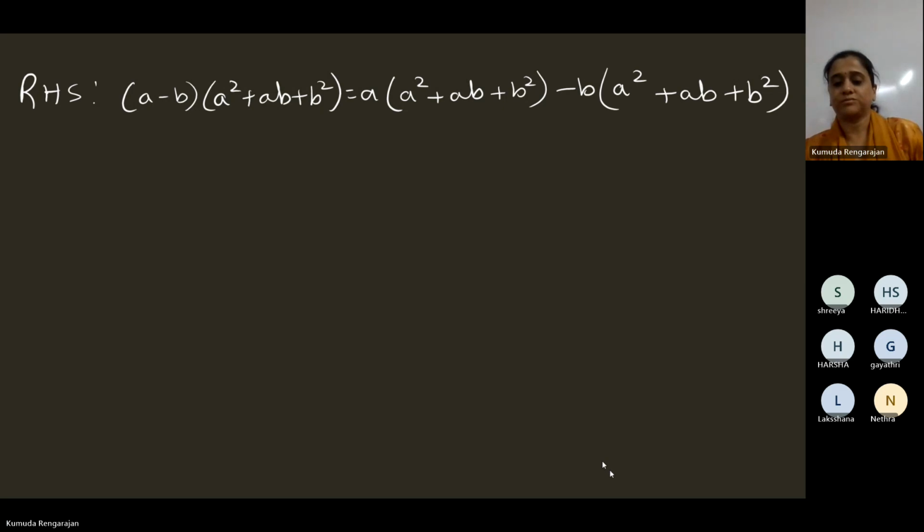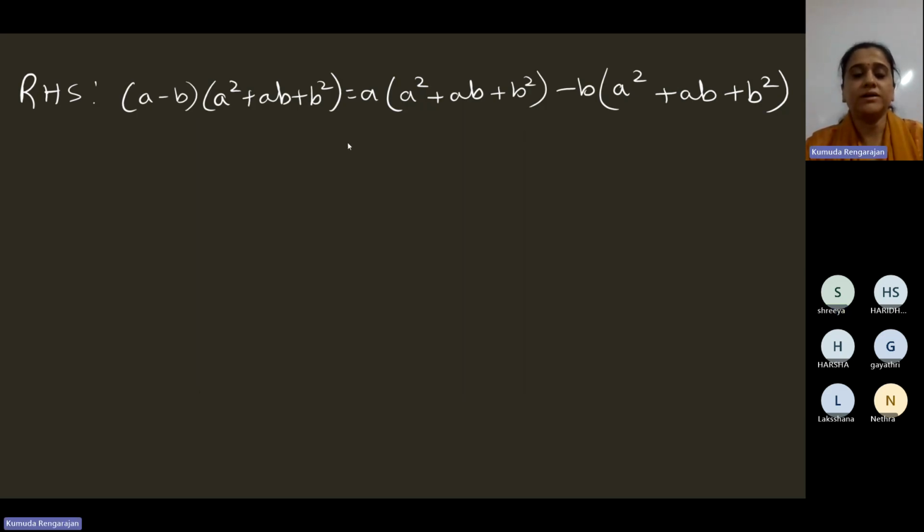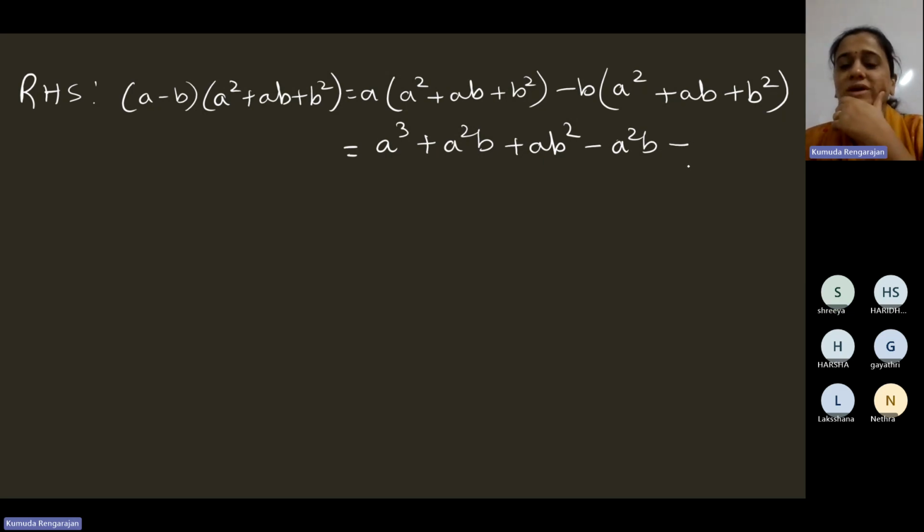A cube plus a square b plus ab square, minus a square b, minus ab square. Minus or plus? It's plus into minus into plus, which is minus, right, ma'am? Very good. Minus, plus into minus, minus. So ab square minus b cube. Very good.